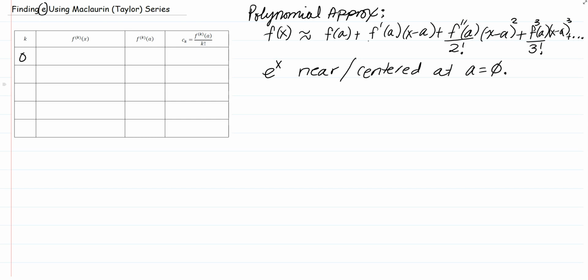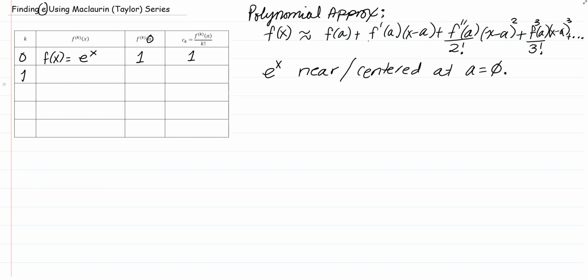First, we'll start with the function f of x equals e to the x. Evaluating that at 0, a here is 0, right? So e to the 0 power is 1. So the coefficient is f of a, which is 1.